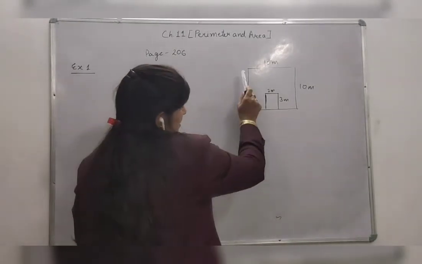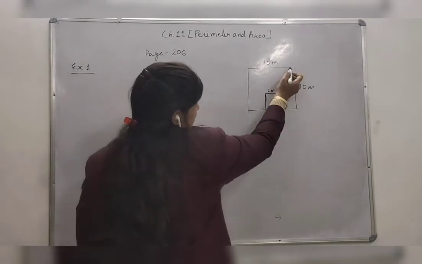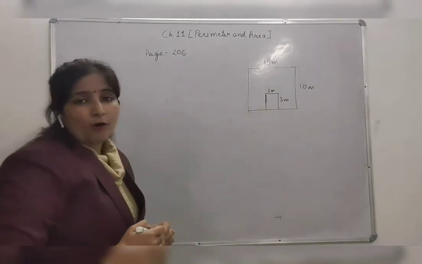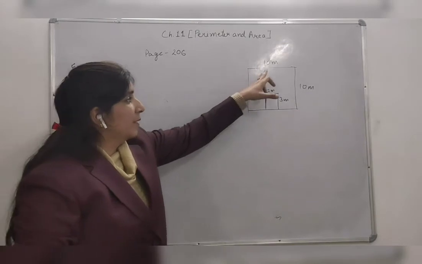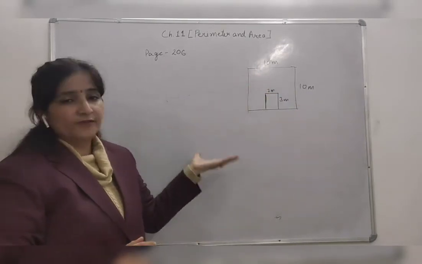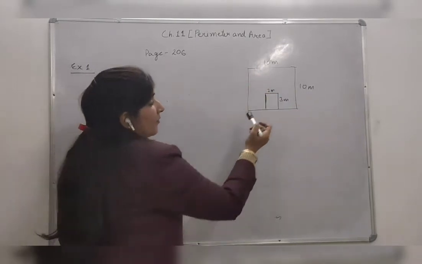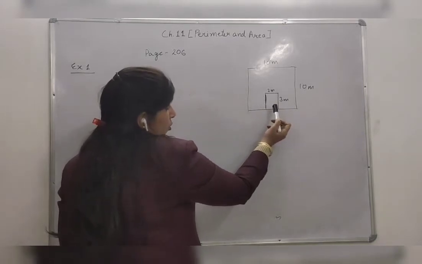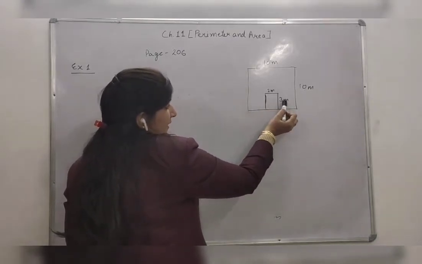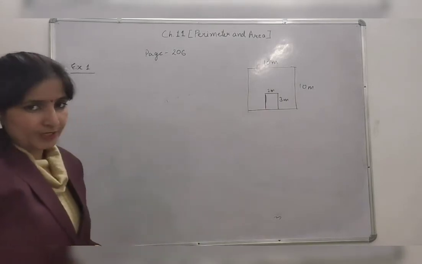Now, just think that there is a wall of square shape, 10 meter by 10 meter, means with the side 10 meters. And there is a door in that wall of the measurements, length is 3 meter and the breadth is 2 meter.